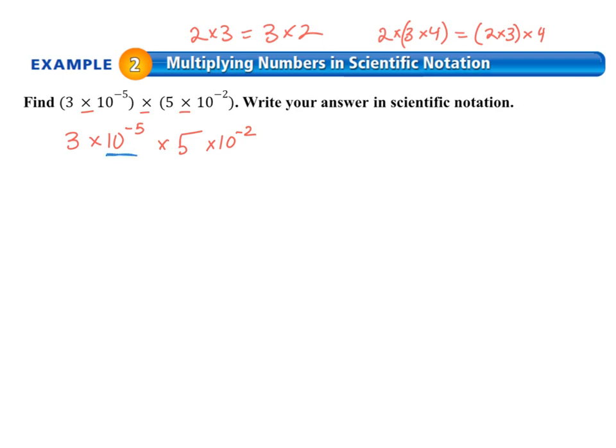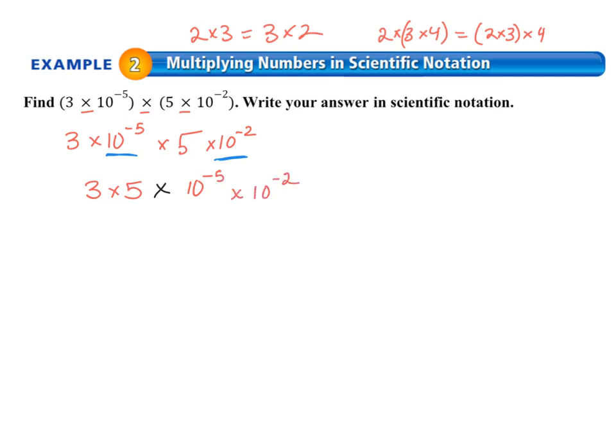We know some exponent rules that are going to help us combine those powers of 10. So I'm going to rewrite our expression so that our factors of 3 and 5 go first, and then our powers of 10 go next.